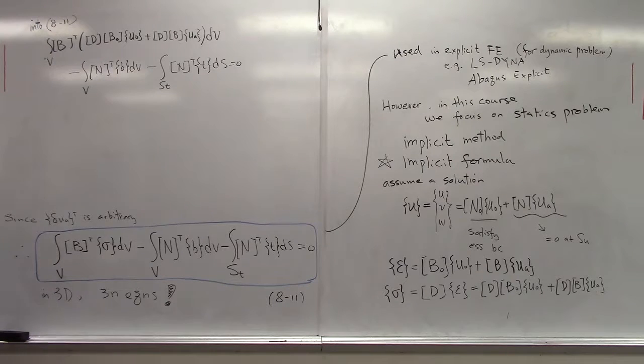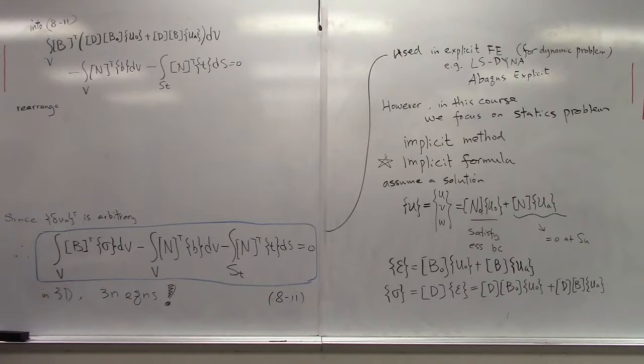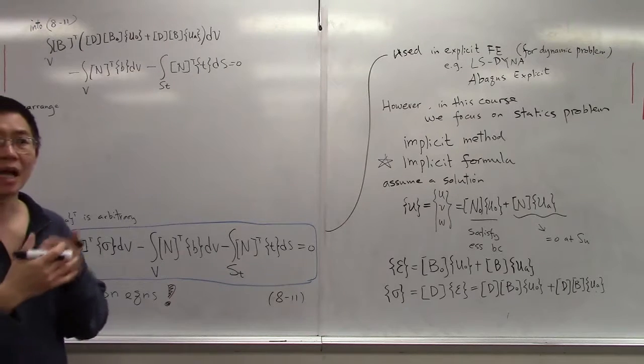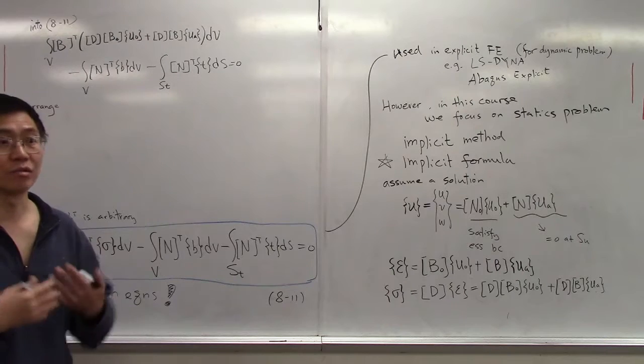Almost there. Well, we then rearrange. The idea when you solve the equation is how to rearrange it. You will move all the terms that contain unknowns to the left side, all the terms that are known to the right side, right?